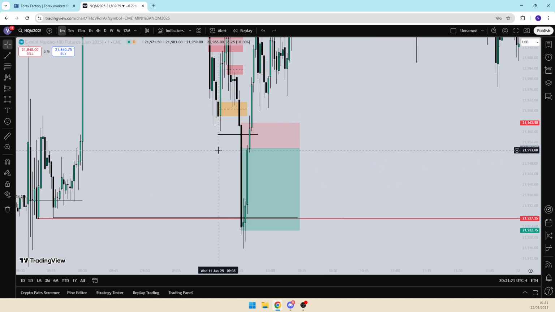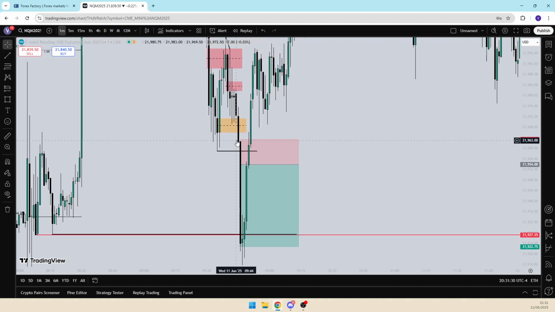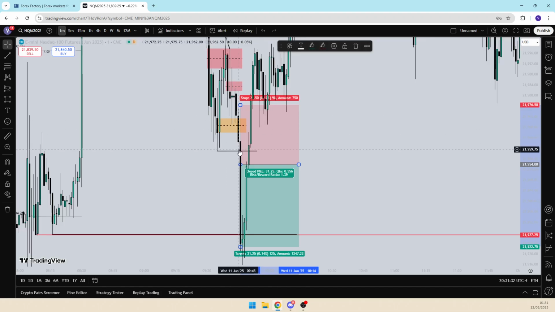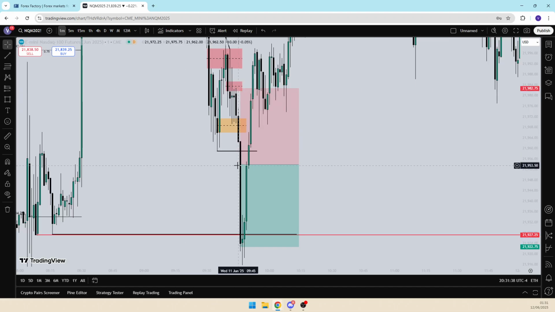You want to see how much speed we are going below the low. Is it fast or is it slow? If this was a speedy candle, price is going below the low with speed and efficiency. This is telling me price wants to go lower immediately. So we want to see the entry right now. In the first 10 to 50 seconds you can see price going lower, so you can take it.